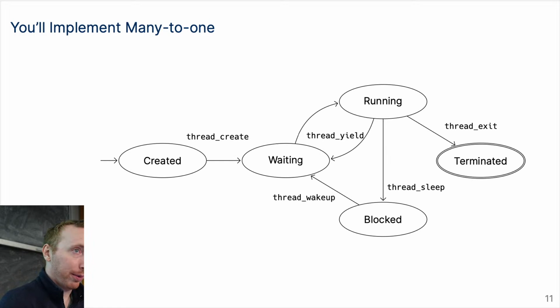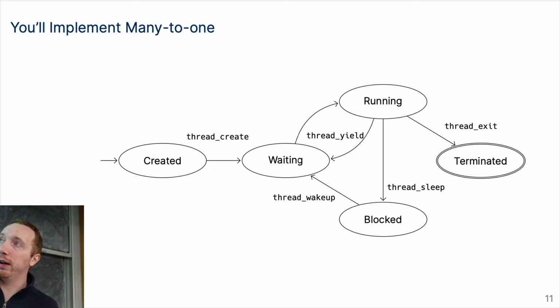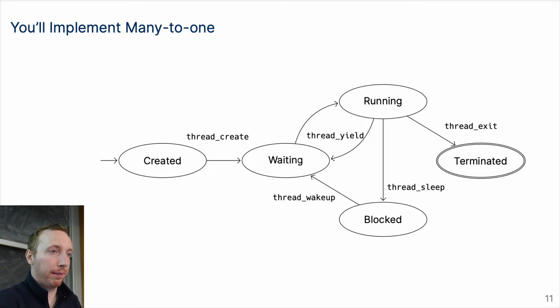Okay, so you are going to implement many-to-one, and remember the process life cycle? For threads, it's exactly the same thing, and these are the names of the functions you are going to create. You're going to have thread create, which will allocate a stack that only one thread should use.